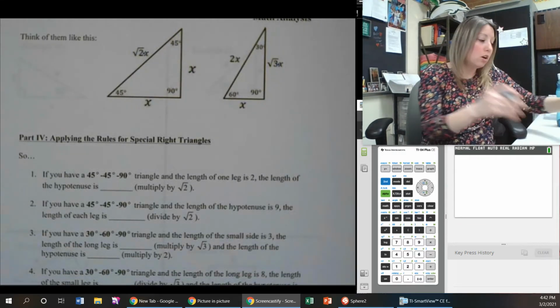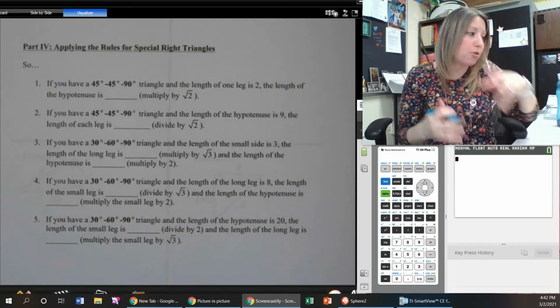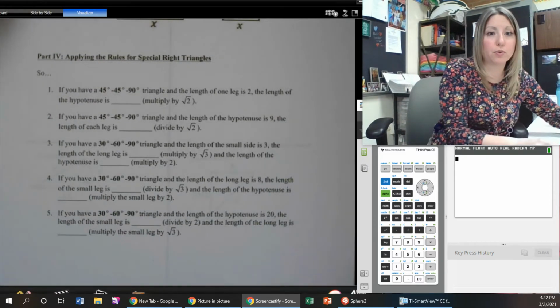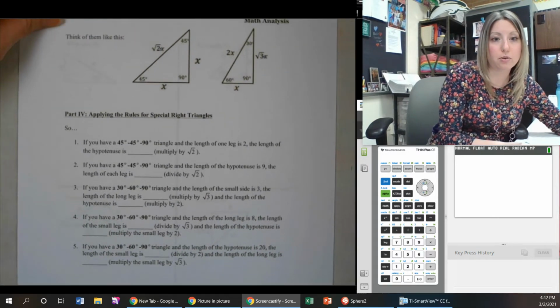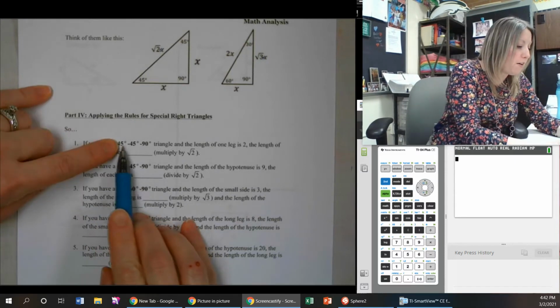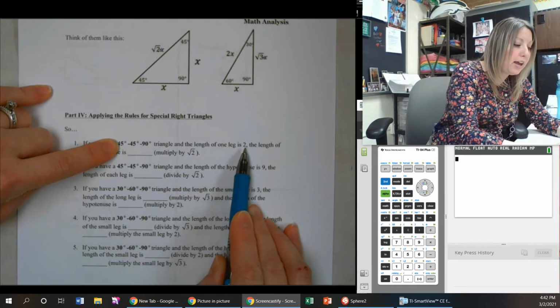Okay. So let's read these and again, think about those triangles above to consider the different relationships and proportionality of the relationships. Okay. So we'll fill in some blanks here. In a 45, 45, 90 right triangle, the length of one leg is 2.